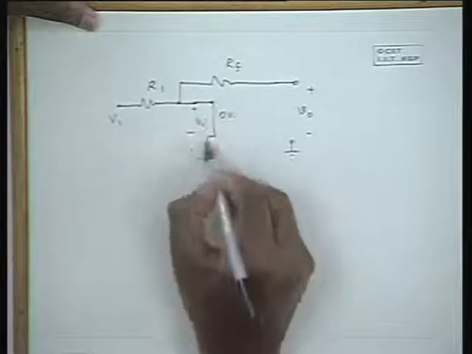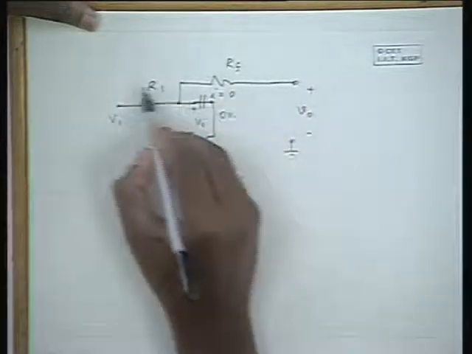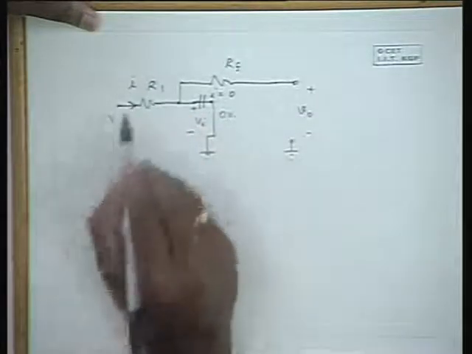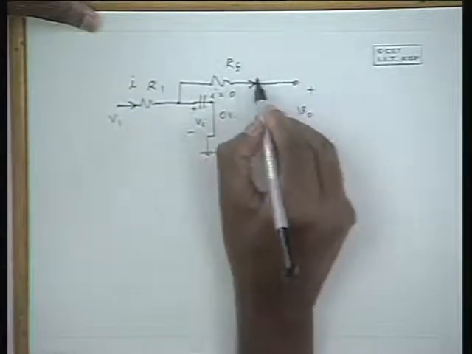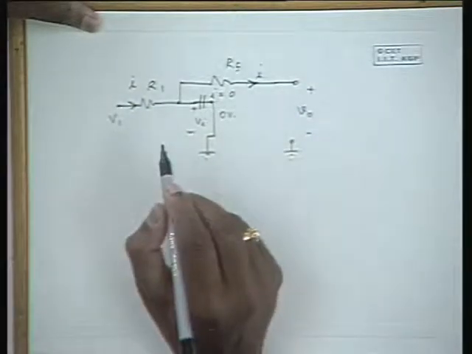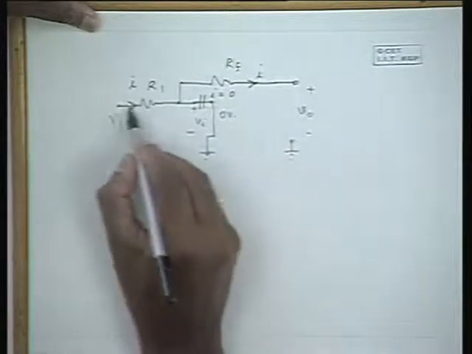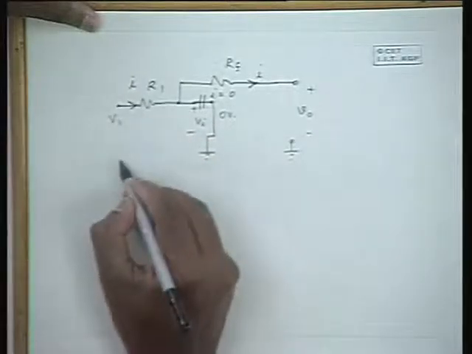Now this is a short circuit, at the same time current is 0, hence the current that flows through this, if you designate it as I, the same current flows through Rf also, and this is at ground potential with no current. Since it is at ground potential, 0 volts, how much is I?